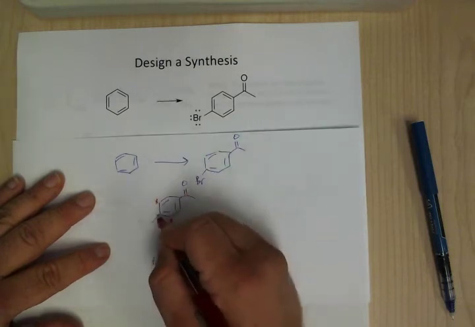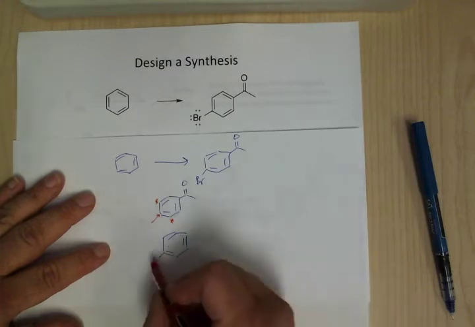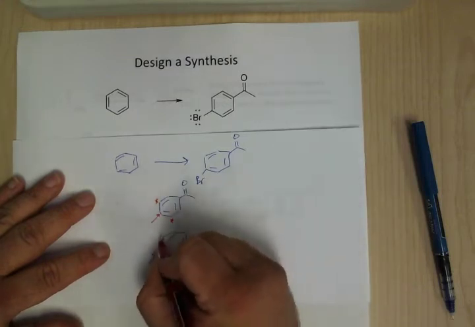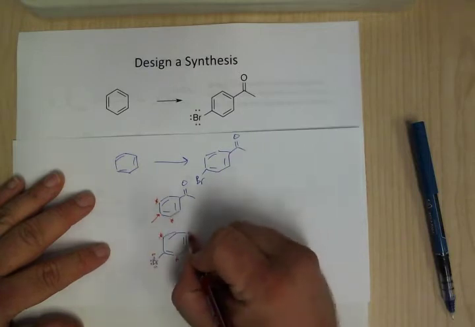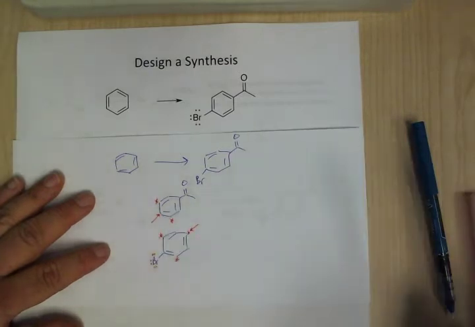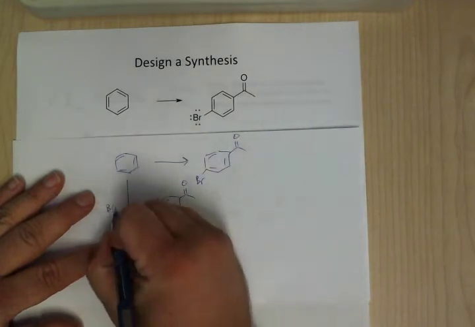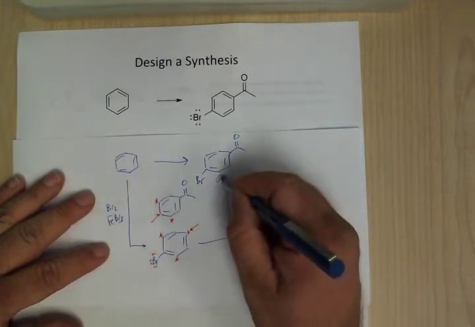The problem is we need that bromine to go there. Now the bromine has lone pairs right next to the ring, so it ends up being ortho and para, which is good because we need to put it there. So we need to put on the bromine first, which is Br2, FeBr3, and then put on the carbon group.